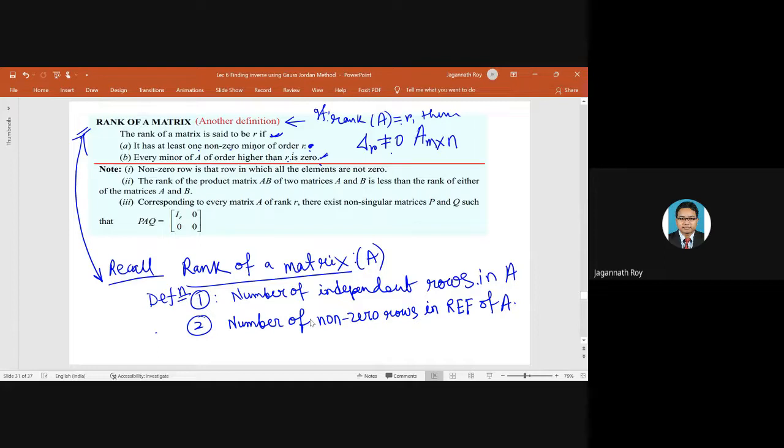So this is another way of defining the rank of a matrix.